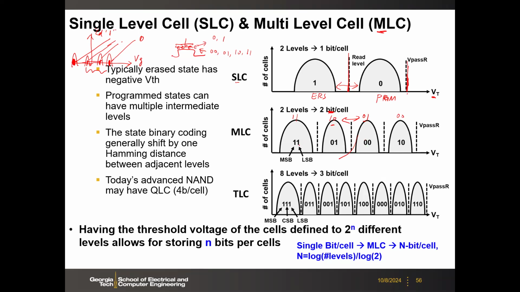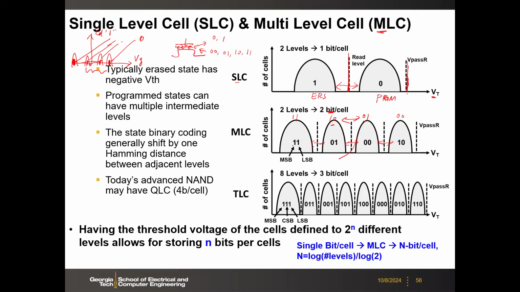For example, if you have 11, 01, 00, and 10, like this, then you will see that between the adjacent levels, you only have 1 bit difference. That means if you have an error, you will only generate a 1-bit error. You can check between those two, only 1 bit difference. So that means the Hamming distance is always 1 between the adjacent levels.